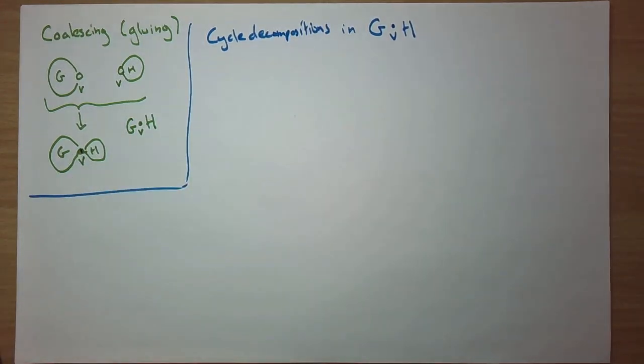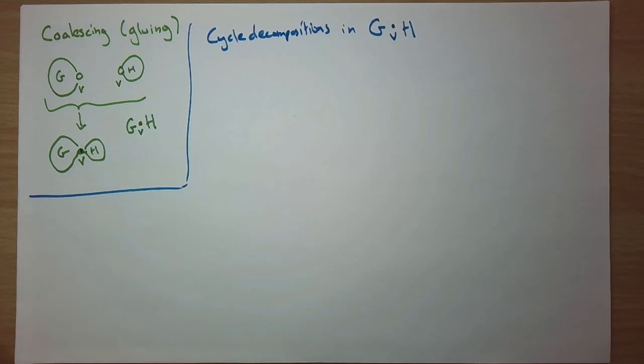What can be true? Well, you can't have a long cycle that goes through both of them. It has to stay in G or it has to stay in H. So then it would close off. It would be a closed walk on it. Right, like a finger. Good.